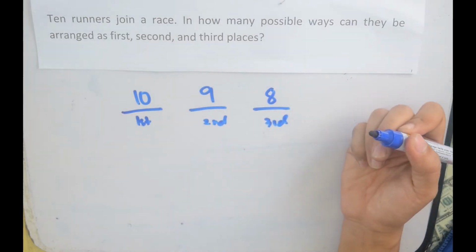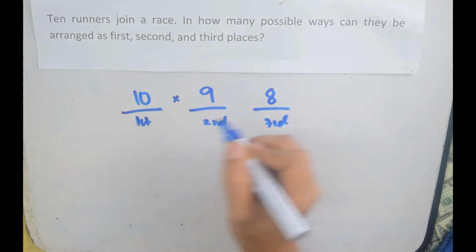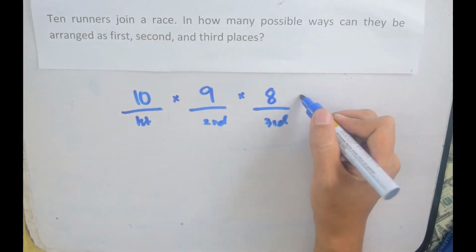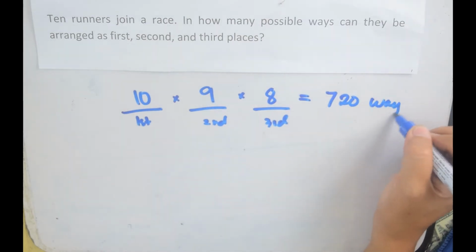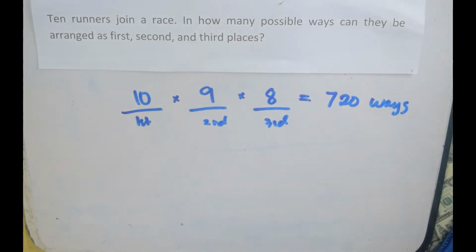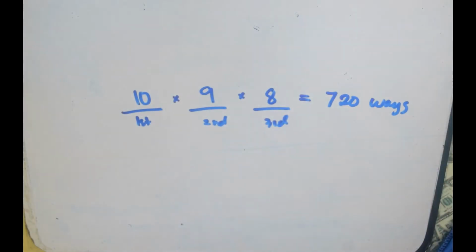By the fundamental counting principle, you have to multiply these: 10 times 9 times 8, that is 720 ways.